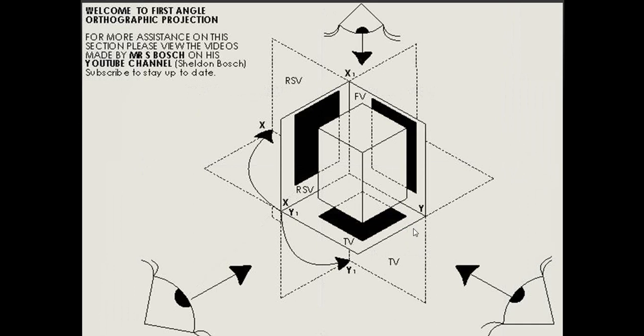In front of us we have that 3D planes model, and you'll be able to see that each one of these eyeballs will be able to see the necessary views that are projected onto each one of the vertical planes or horizontal planes. If I look from the right hand side, I'll be able to see the right side view.